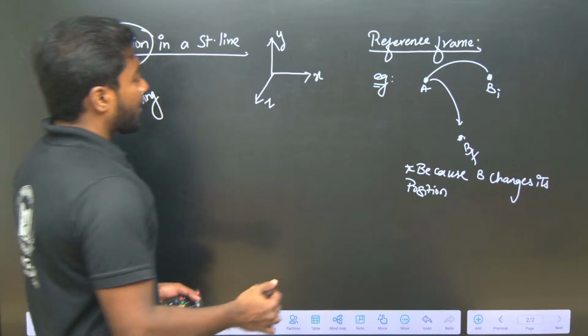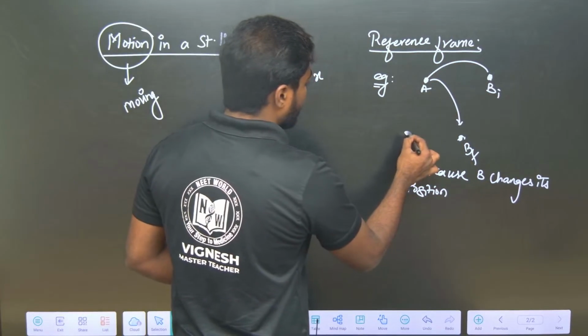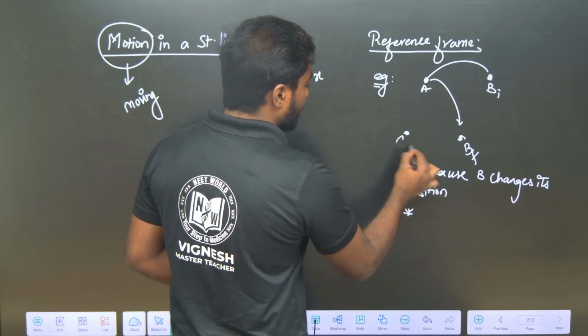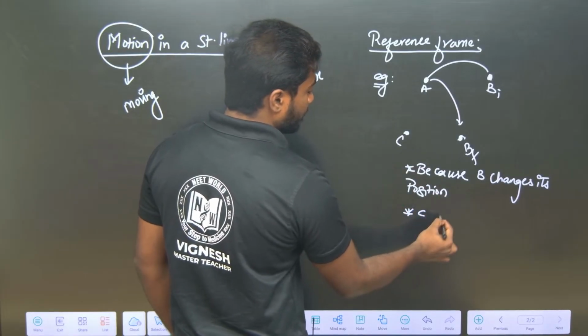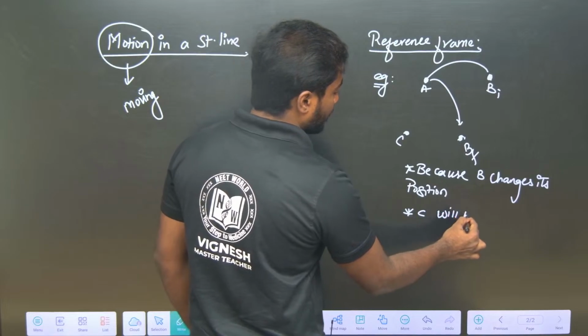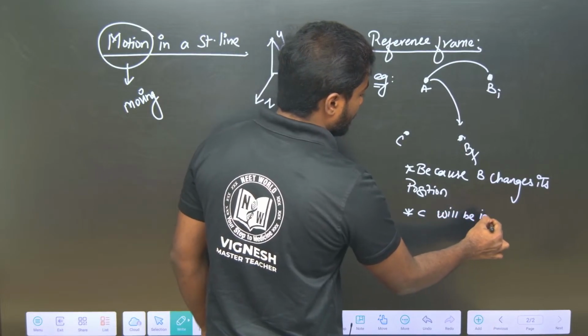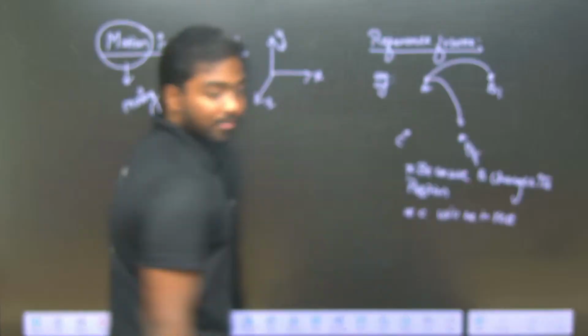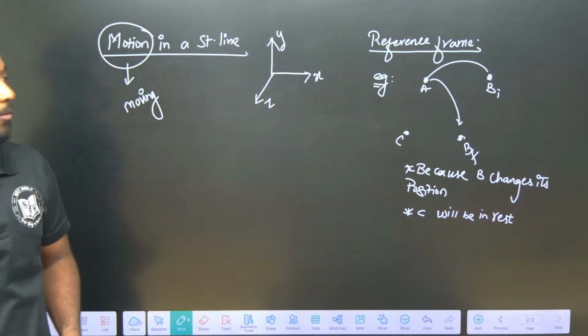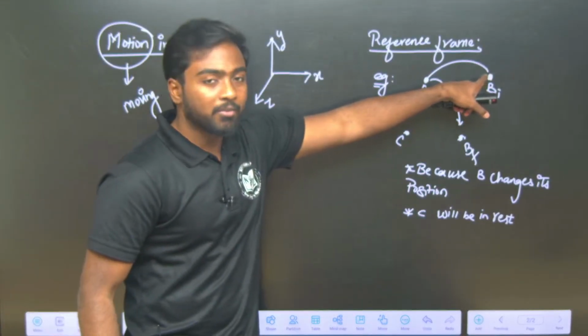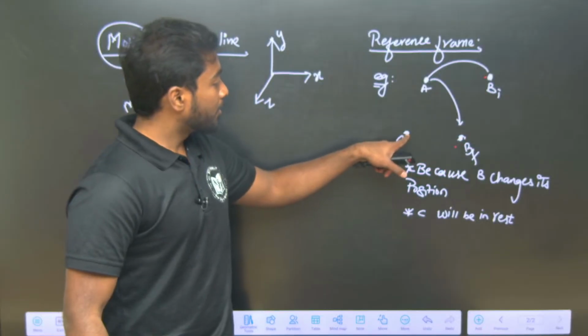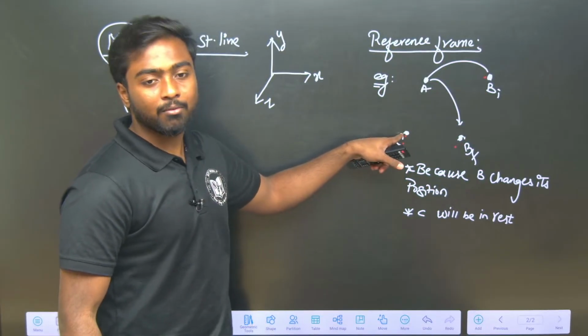Now if I consider C here, for A, C will be at rest because C doesn't change its position, only B changes. Initially B was here, B came here. Initially C was here only, and finally C was also here only.